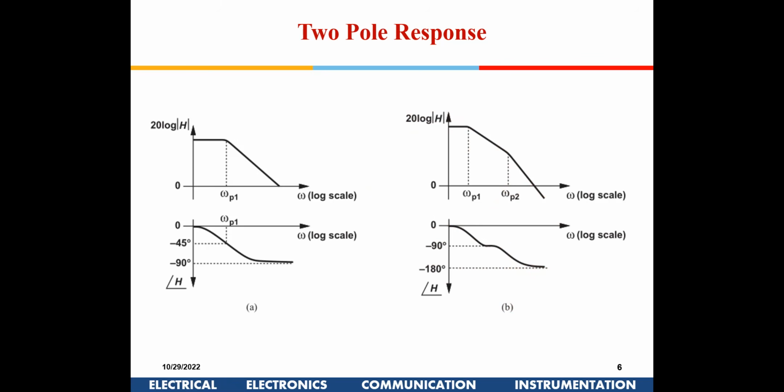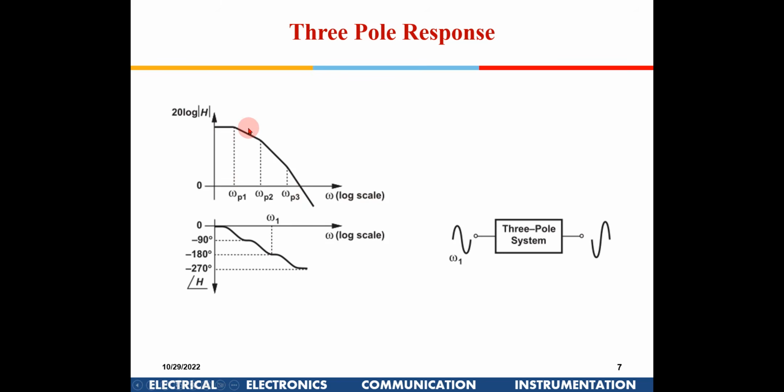Yes. Okay. Now if I have 3 poles, first it will come from here to here 20 dB, then 40 dB, then 60 dB. And from here to here it will have 90 degree phase shift, then 180, and then 270.